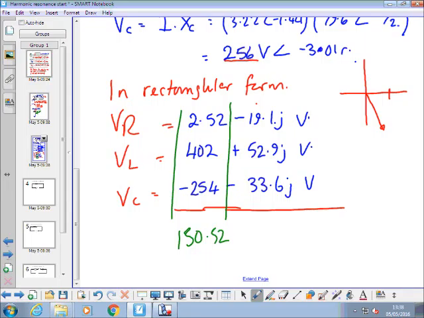And what should happen with the j parts? Minus 19.1 plus 52.9 minus 33.6 equals approximately 0, so we get 150 plus 0j volts.